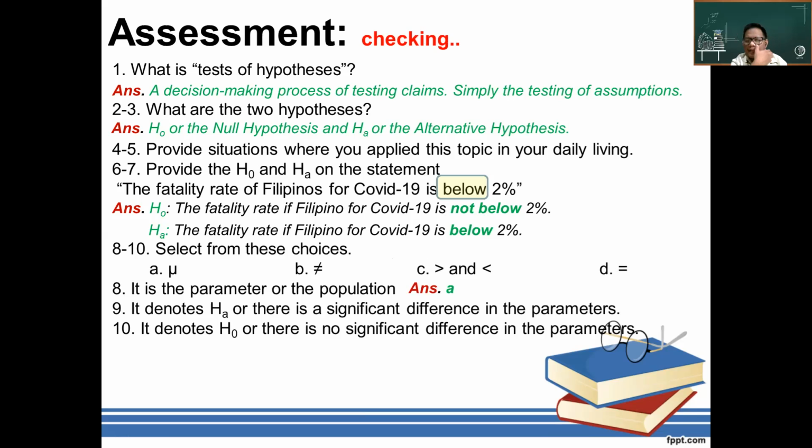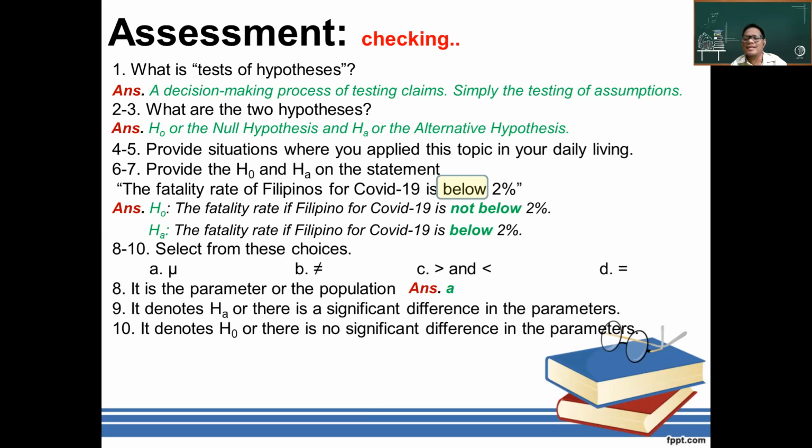Okay, number 9. It denotes the alternative hypothesis, or there is a significant difference between the parameters. So it is no longer equal. Which one is not equal? Yes, letter B is correct. How about letter C? Of course, it is also different, there is also a significant difference.